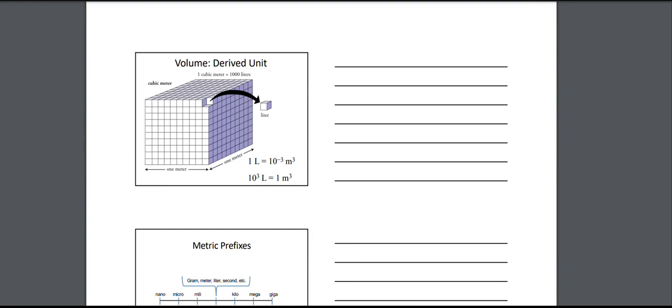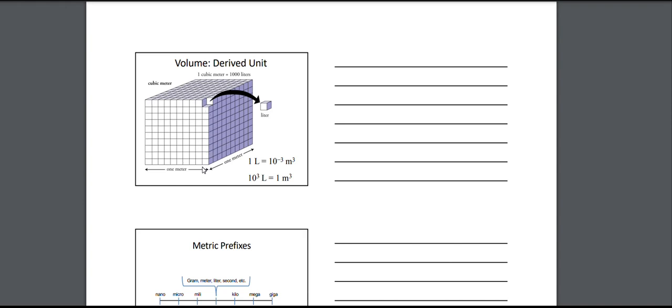The volume is also known as a derived unit. The reason we call it a derived unit is that you can measure the volume of a content by just measuring the volume of its container, correct? If you have a cube, for example, and you fill that cube with water, you can just measure the volume of the cube itself, because obviously the liquid will occupy the shape or the volume of its container.